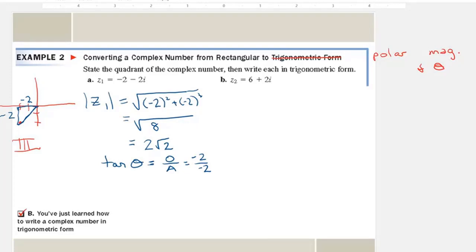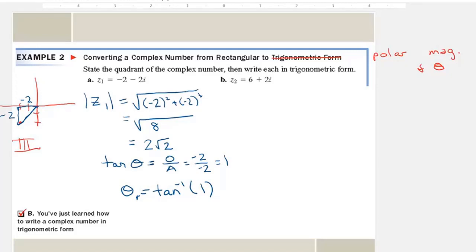I know that that equals 1, and that means that theta is equal to the inverse tan of 1. If it was negative, I would still make it positive and make it my reference angle, because it can't give me that angle in quadrant 3.